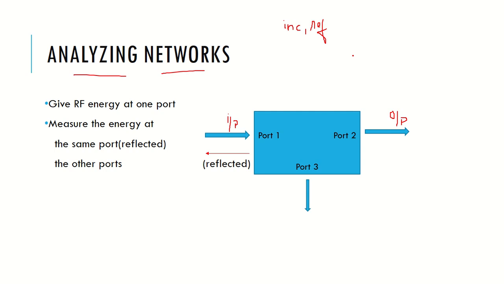Voltage means a combination of incident and reflected voltage. Similarly, current might be transmitted or absorbed by a particular network. So we are going to make measurements based on whether the waves are reflected or whether we measure the waves at the corresponding output ports.